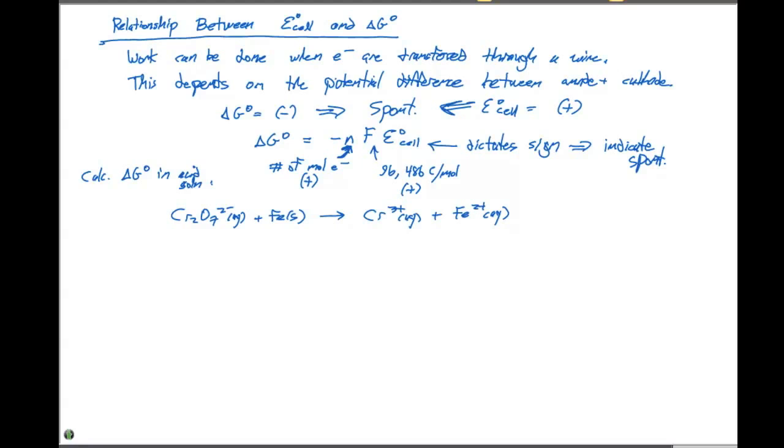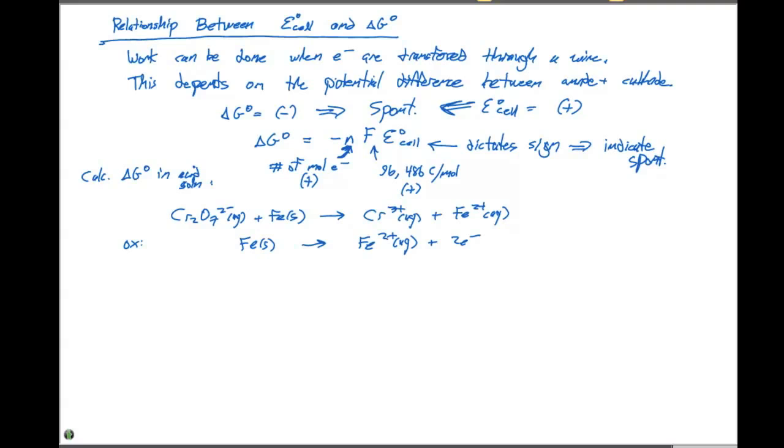So we need to break this down into our half reactions to determine what our cell potential is going to be. Then we can use the relationship that we just established to determine the standard Gibbs free energy for this reaction. Our oxidation half reaction is the easiest one to identify. In this case, we have solid iron becoming iron 2 plus, plus 2 electrons.